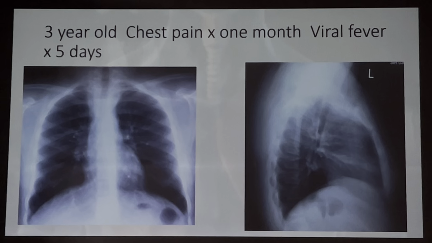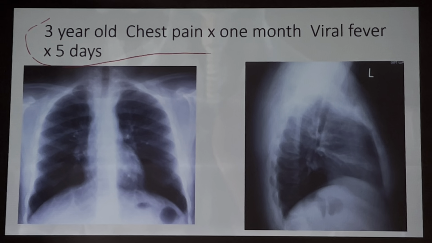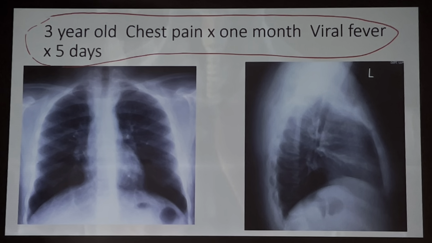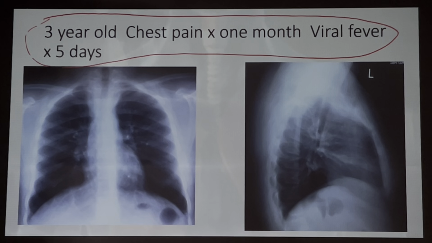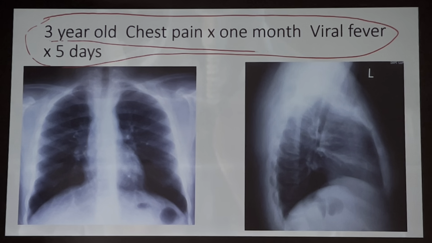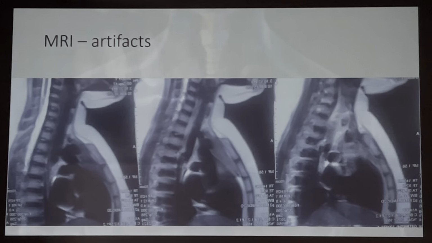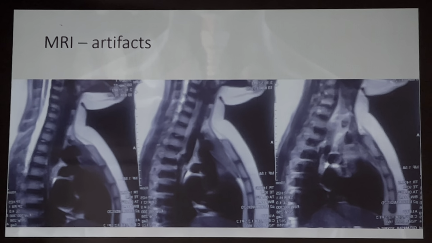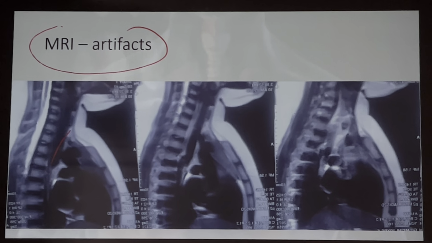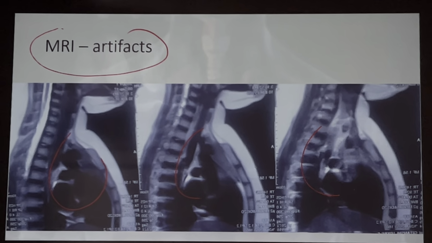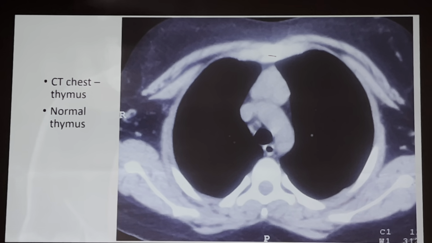Now look at this child who was inappropriately advised for the MRI or CT scan. It was looking like a normal thymus. A 3-year-old who presented with viral fever, some chest pain, I don't know how much chest pain is actually chest pain in a 3-year-old, and somebody advised for the MRI. Look at the MRI, there are a lot of artifacts, you cannot define, and ultimately on CT scan it was a bilobed thymus, that was a normal thymus.